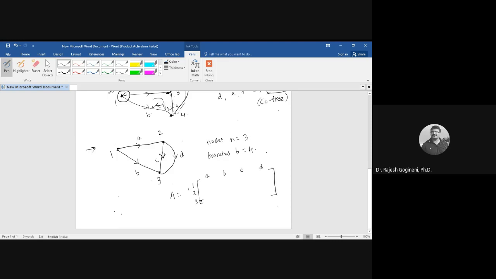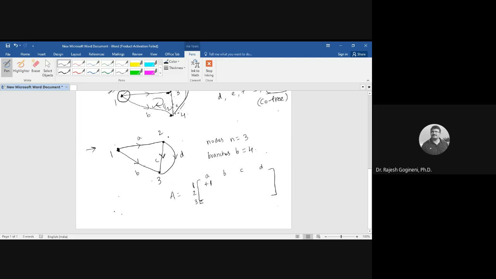Right? So first entry, let us see at node 1. What are the branches incident on node 1? A and B are incident on node 1. But what is the direction? A is leaving from node 1, so leaving means its value is +1. A is leaving from node 1, yes or no?